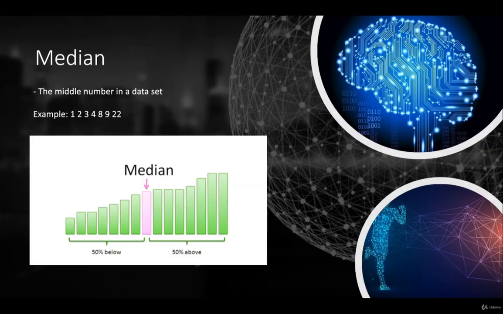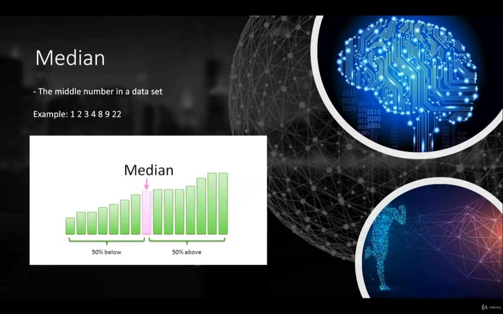Here, as you can see, it's a perfect representation of it. Right here we have a data set and the median will be right there because this is the number that is in the center. So each time that we have a number that is in the center, no matter how big the data set is, this would be the median.